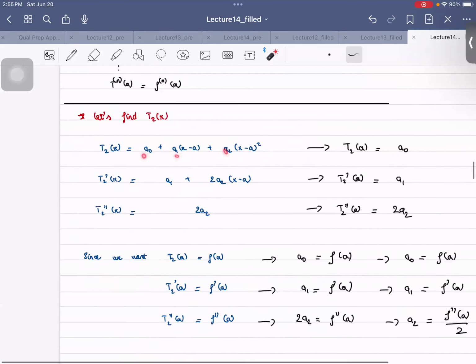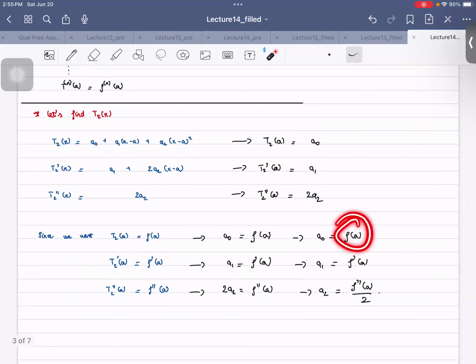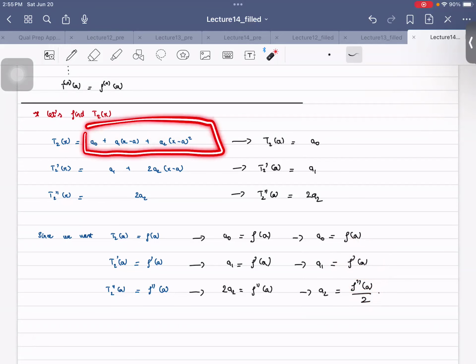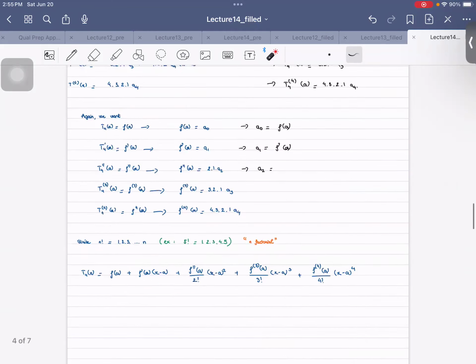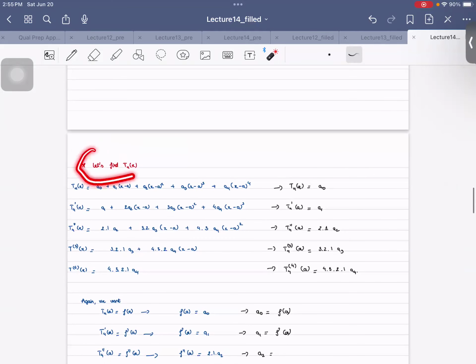These three coefficients will be given by f of a, f prime of a, and f double prime of a divided by 2. a0 is f of a, a1 will be f prime of a, and a2 will be f double prime of a divided by 2. That is how you find the coefficients for your polynomial approximations. In the next videos, I'm going to talk about how we can find the fourth degree polynomial as the approximation.